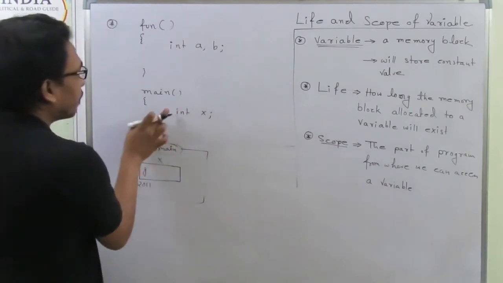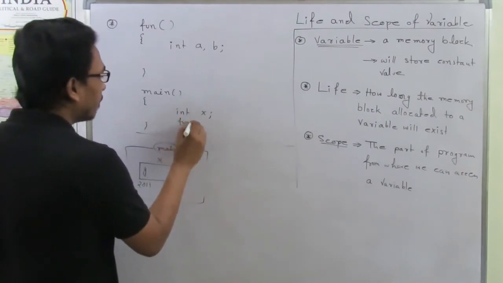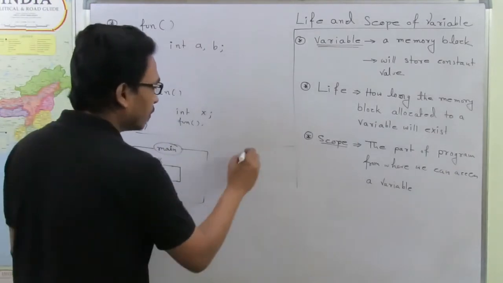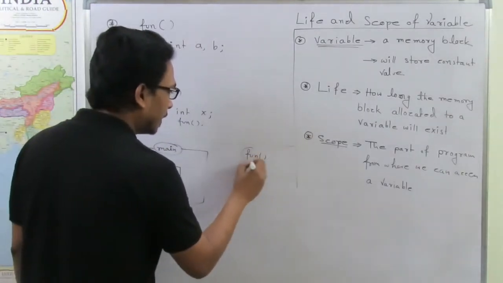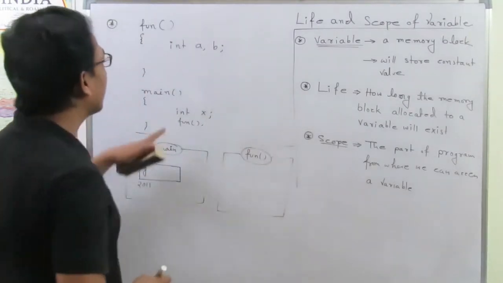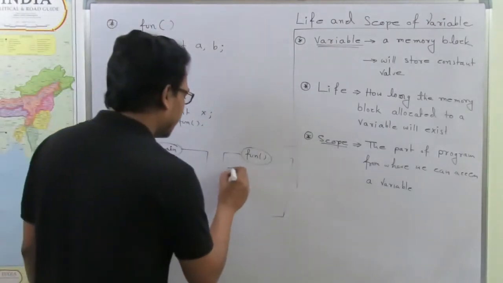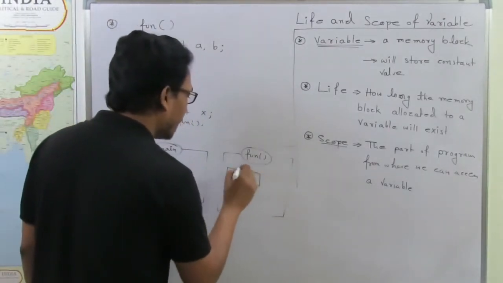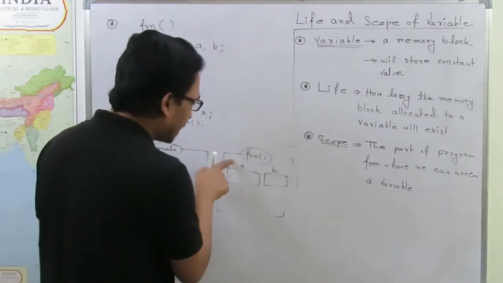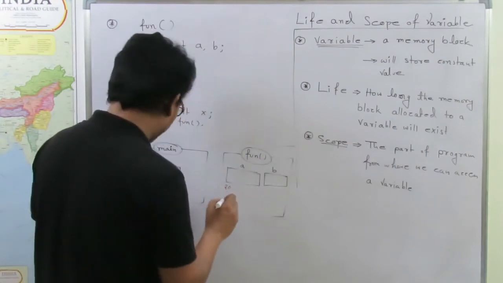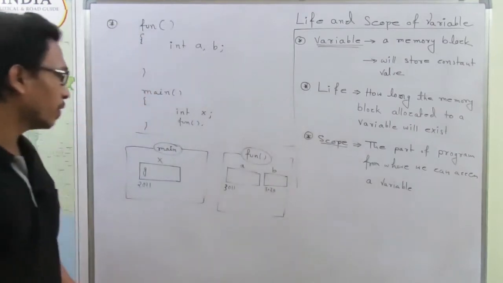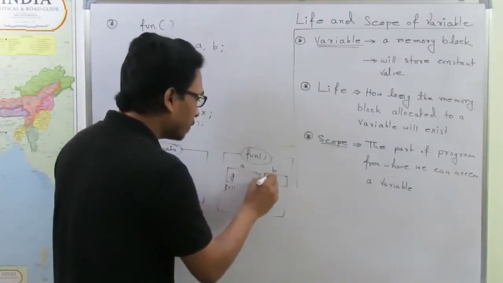Then when from main we call the function fun, control switches from main to fun, and in fun the memory is allocated for the integer variables a and b. Let's say their base addresses are 3011 and 3020. Both are initialized with garbage values.